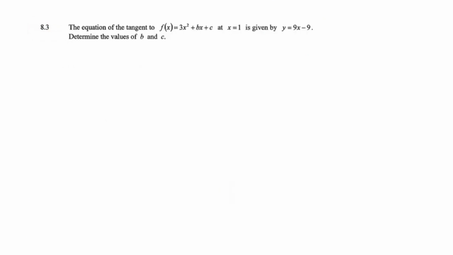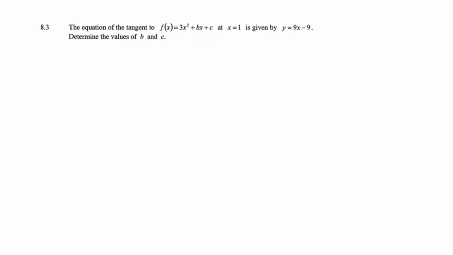8.3. The equation of the tangent to f(x) at x equal to 1 is given by y equals 9x minus 9. Determine the values of b and c. So when we look at f(x), we can see that we have 3x squared plus bx plus c.